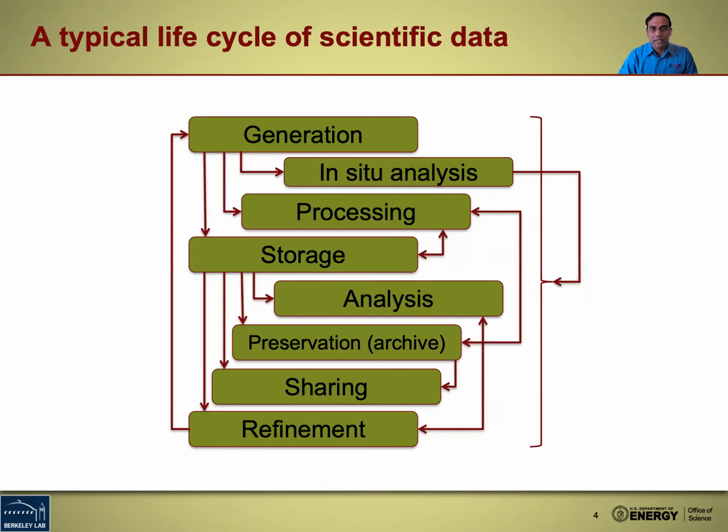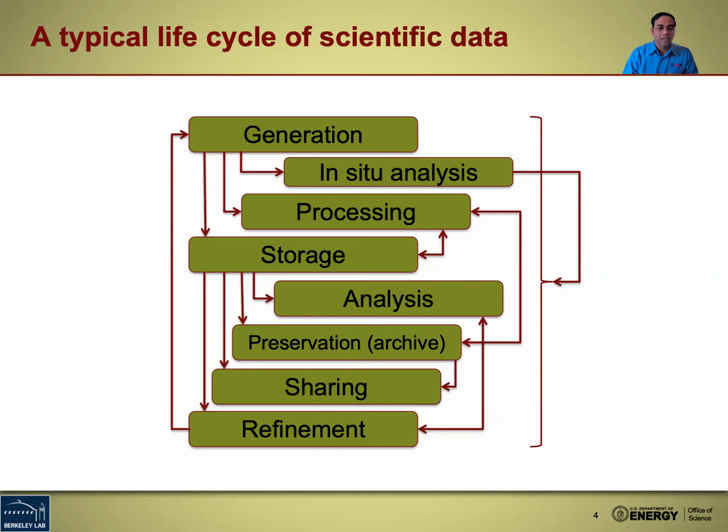If we take a look at the typical life cycle of scientific data, once the data is generated, it is analyzed where the data is produced, and it is processed further, based on in-situ analysis or existing processing steps. And the data is stored, analyzed, preserved, and shared with groups of people or publicly.